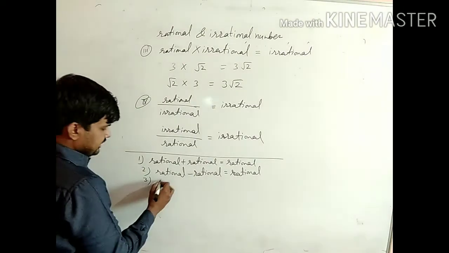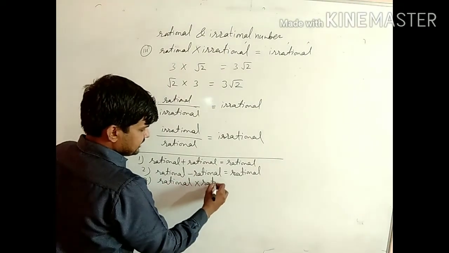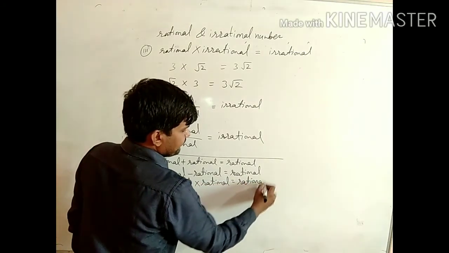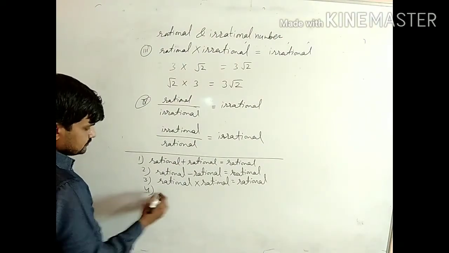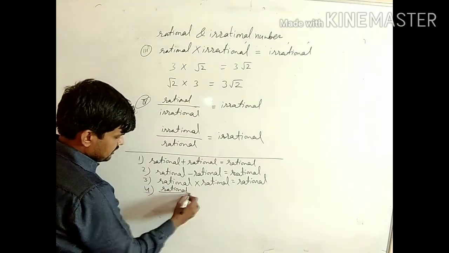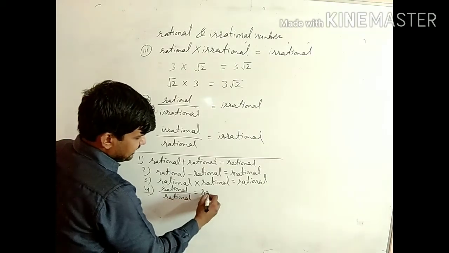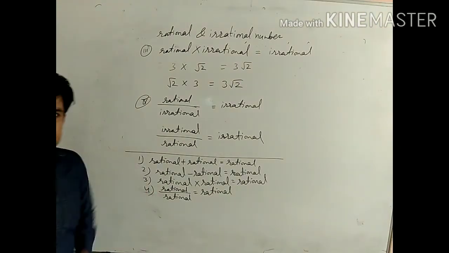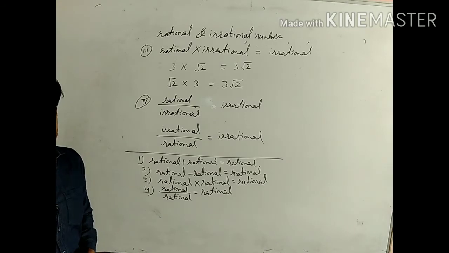Third, if we multiply rational into rational, we get rational. And the fourth is, if we divide rational by rational, the result is rational. These are the facts about operations between two rational numbers.